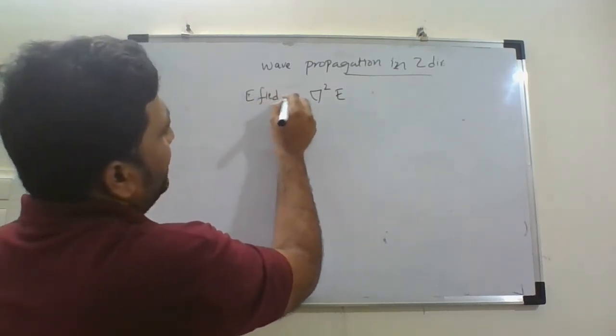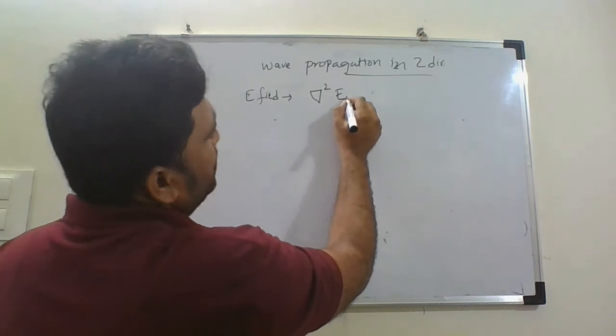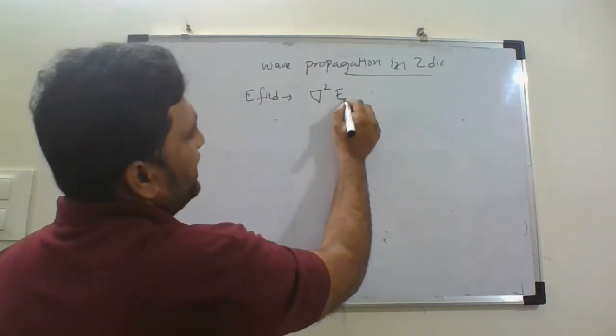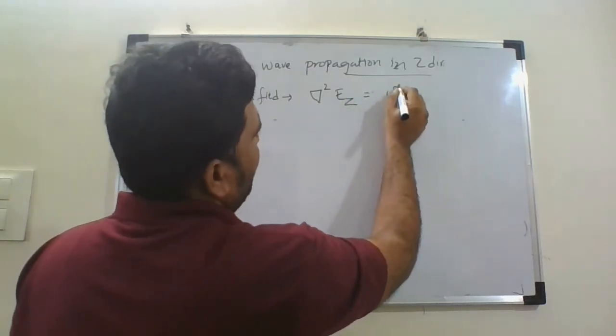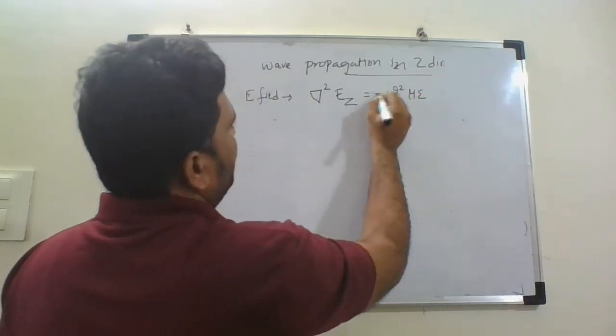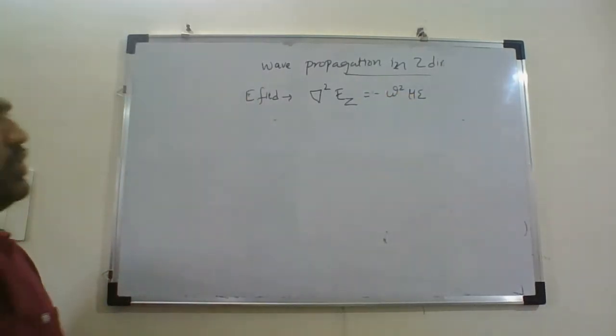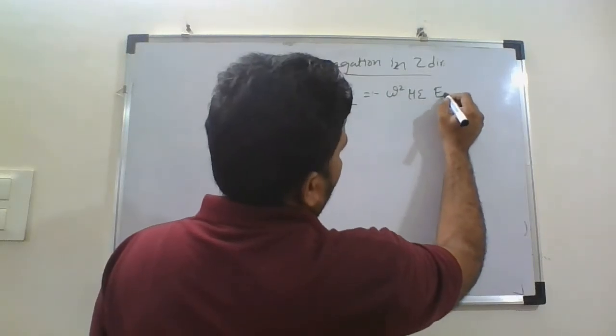For the electric field, the component will be del square Ez is equal to minus omega square mu epsilon into Ez.